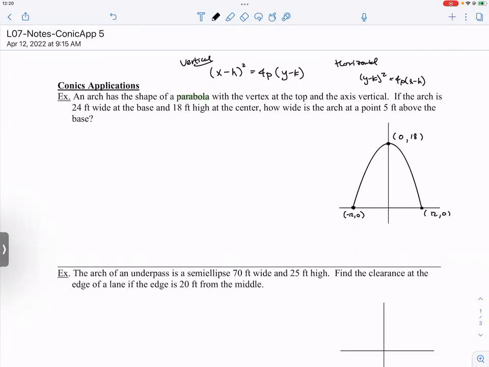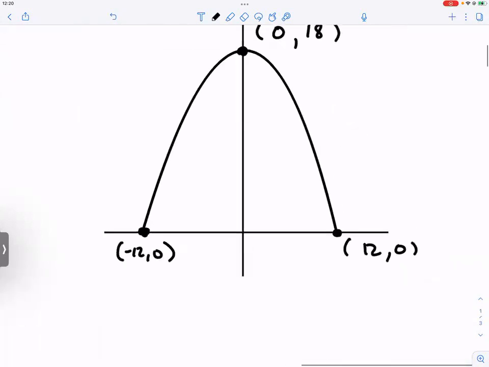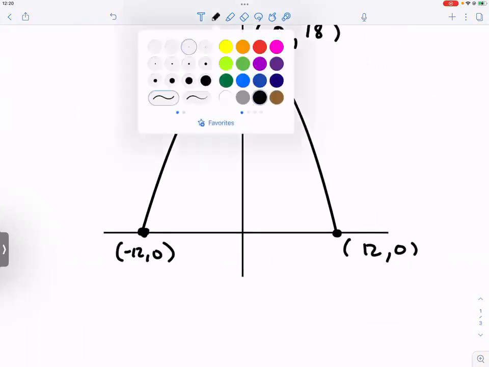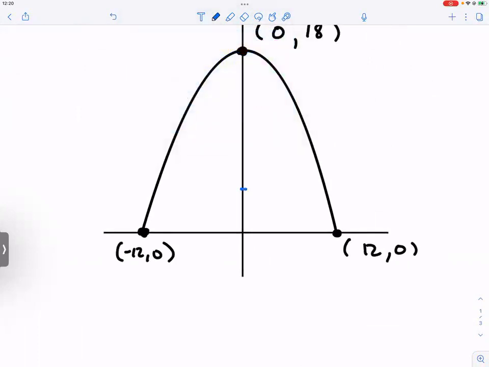All right, so we want to know how wide the arch is at a point 5 feet above the base. So let's just say this is 5. So at 5 feet above the base, how wide is it?